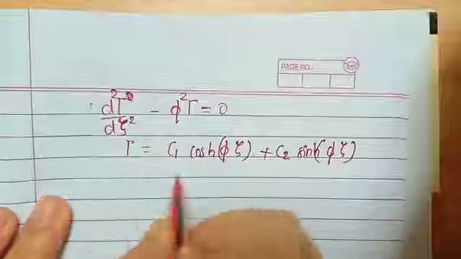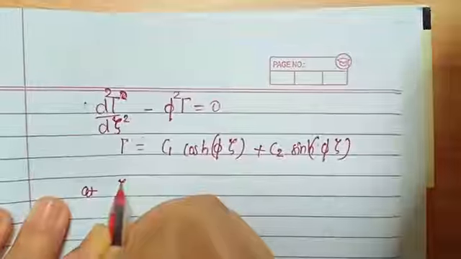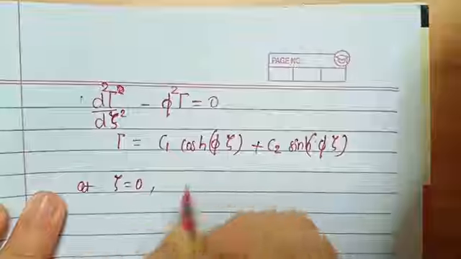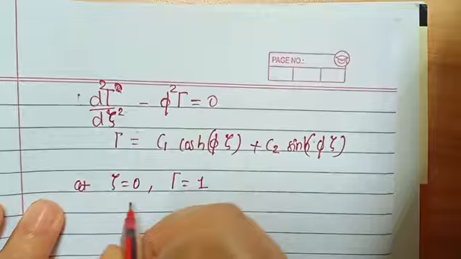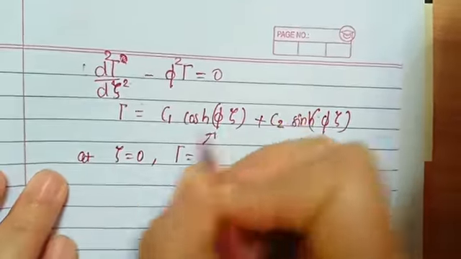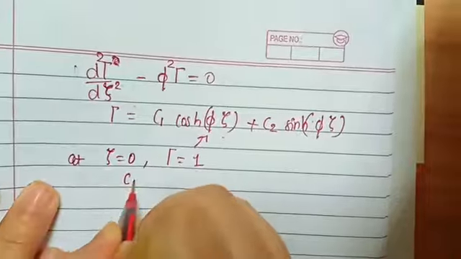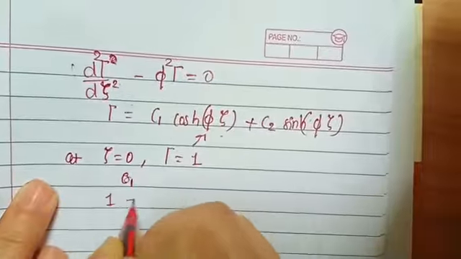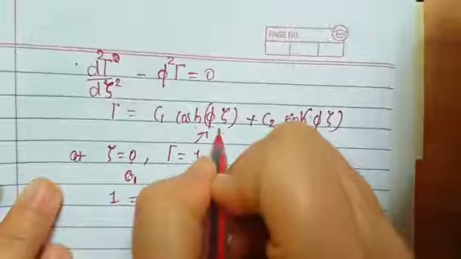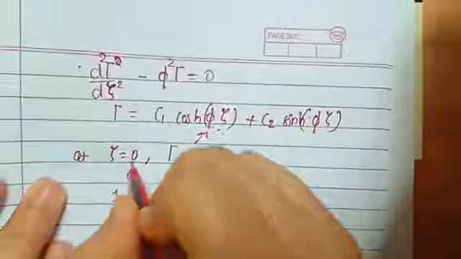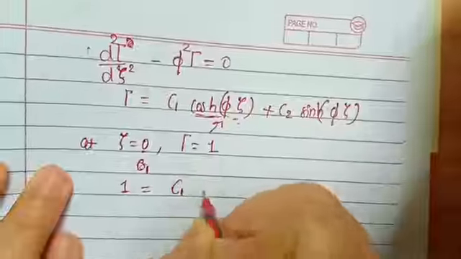So we will apply the boundary conditions as at zeta is equal to 0, gamma will be 1. After applying this boundary condition, we get 1 is equal to C1 cosh of 0, and cosh 0 is 1, so it will be C1 only.